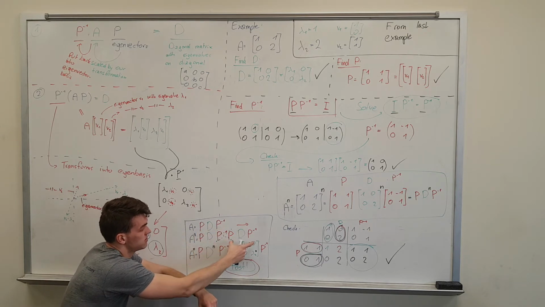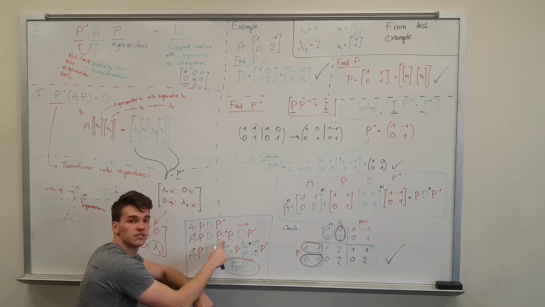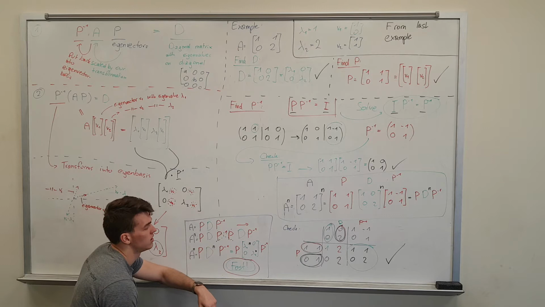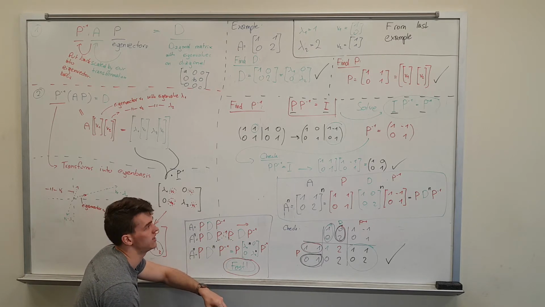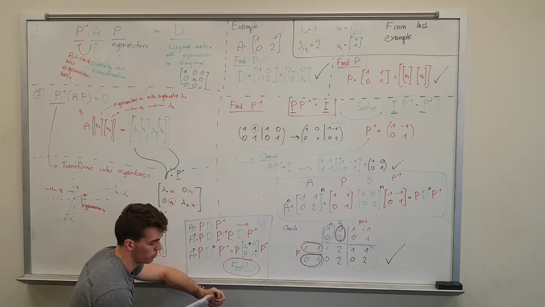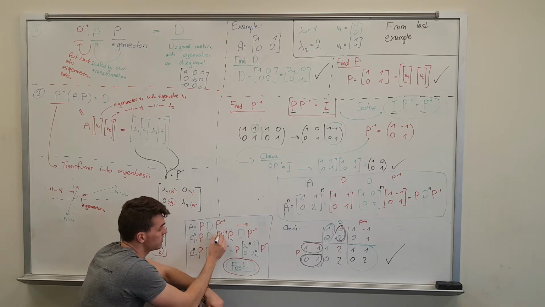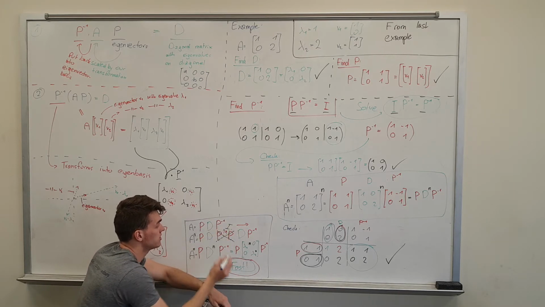So, this times this. But what we see here is that this is just P inverse times P. And everything multiplied by its inverse is just the identity. That's the definition of an inverse. So we can just get rid of this thing here, because it's just an identity.